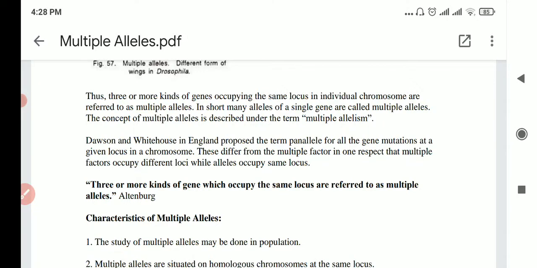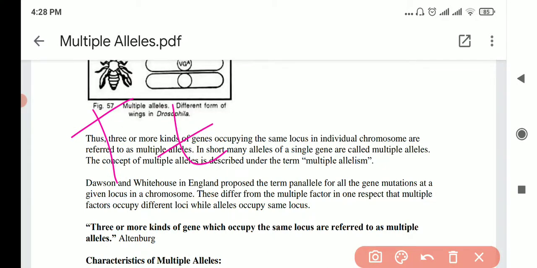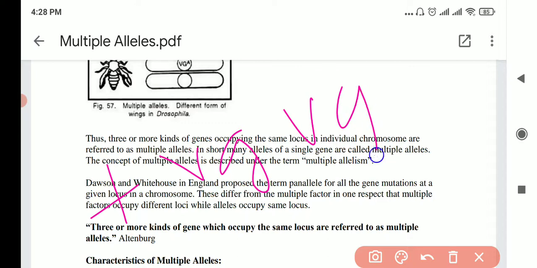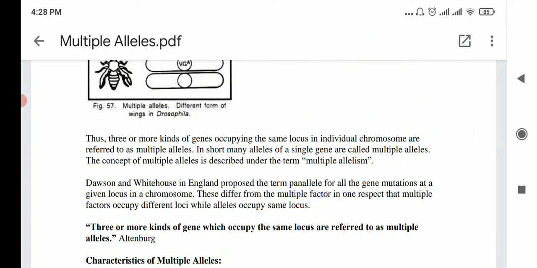Here the gene for wing shape is coded not just by T for tall and small t for dwarf, as we study. Here we saw plus, VG, VG superscript A, and just empty. So there are four different types of expressions, so these alleles are four in number. And how they come together gives us the shape that these Drosophila wings will have.